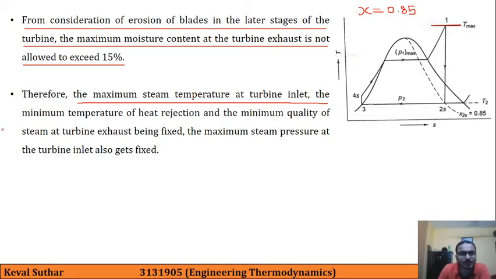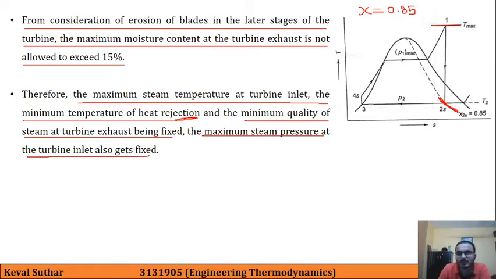The minimum temperature of heat rejection, in extreme cases, has to be the surrounding temperature. The minimum quality of steam at the turbine exhaust is also fixed, because it should not be less than 0.85. This limit is also fixed. So the maximum steam pressure at the turbine inlet also gets fixed.